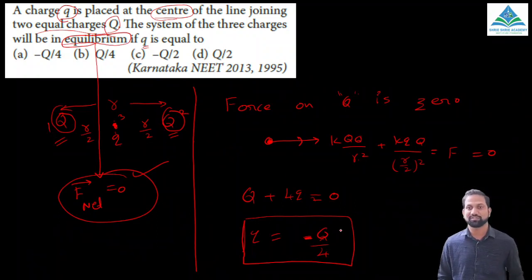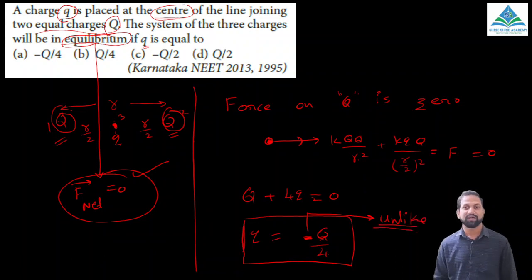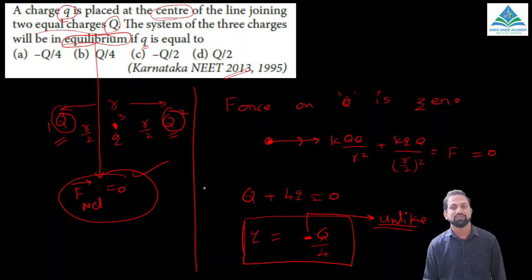The minus simply indicates that it is unlike, and it is 1/4 of that. So this is based on equilibrium. It has been asked in NEET 2013. Regarding this, the shortcut I can tell you in the next video.